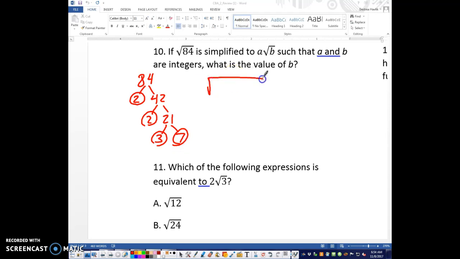Okay, so we have the square root 2 times 2 times 3 times 7. Then we need to take out our pair. So 2 is now on the outside, and then we have 3 times 7 inside. 3 times 7 is 21. So b here is 21.